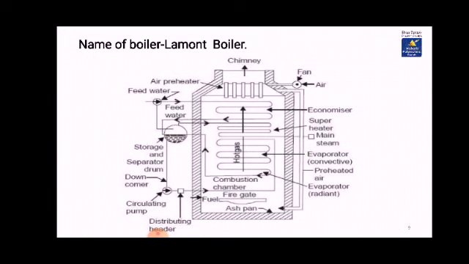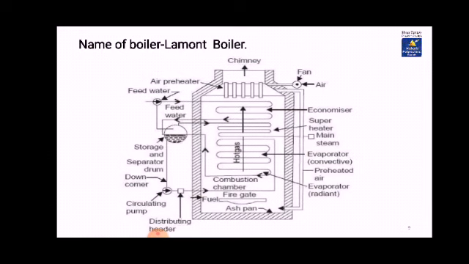After that, an air preheater is used. The function of the air preheater is that the air which is given to the combustion chamber is heated before it is provided to the combustion chamber, so that combustion will take place completely and efficiently.